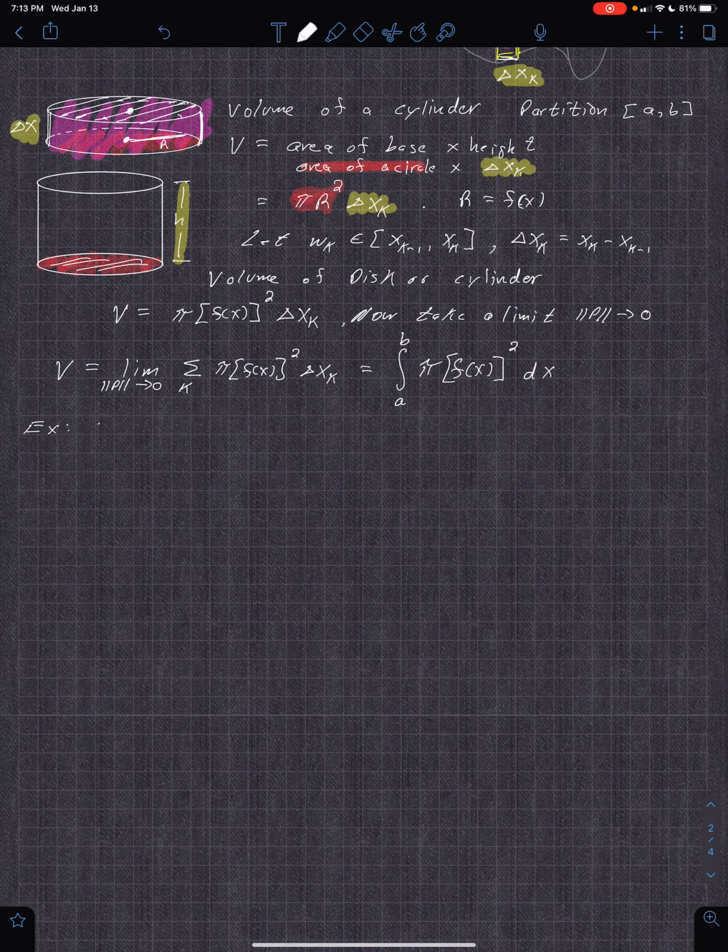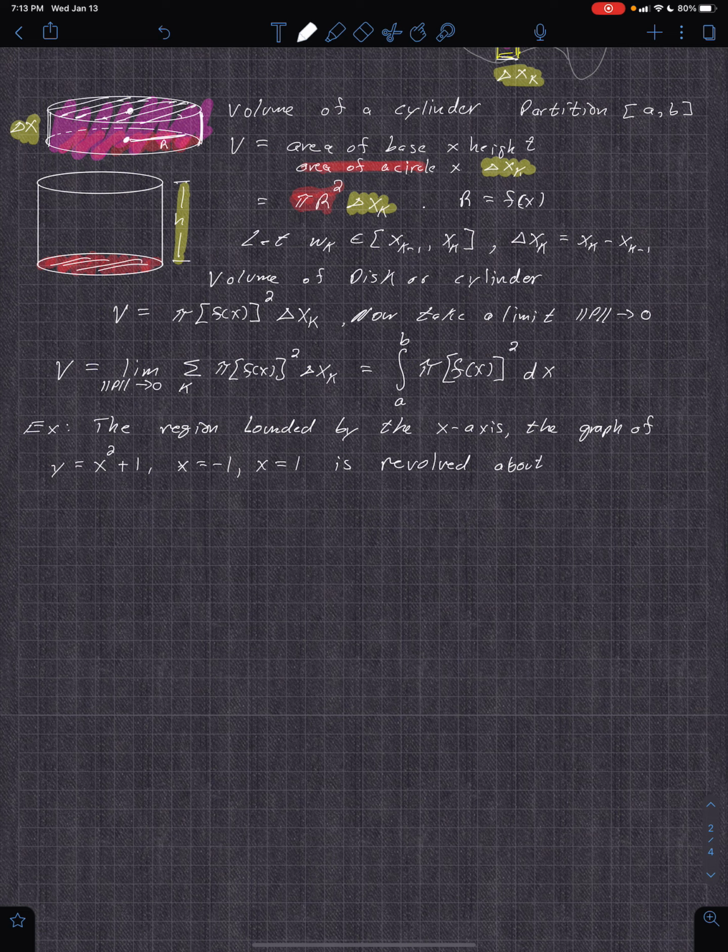The region bounded by the x-axis, the graph of y equal to x squared plus 1, x equal to negative 1, x equal to 1 is revolved about the x-axis.